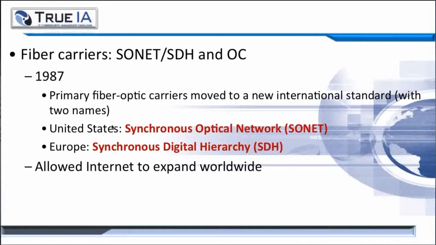Next, we move from the copper carriers to the fiber carriers. This is the beginning of SONET and SDH. Primarily, fiber optic carriers moved to a new international standard with these two names. It allowed the internet to expand worldwide.